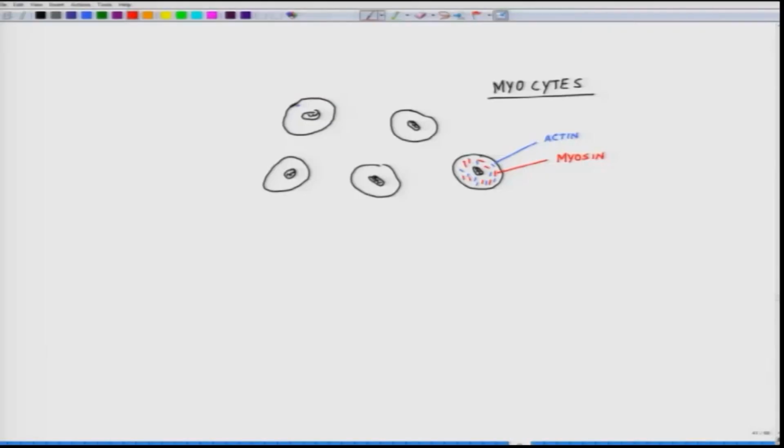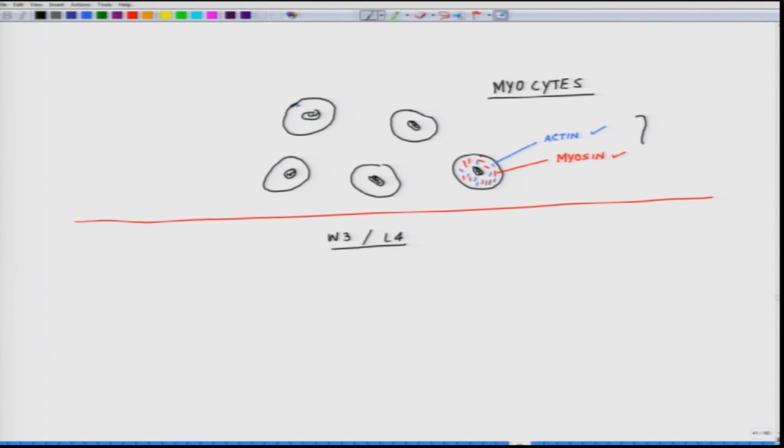First, let us put it together. This is where we ended the last class. If you remember, I told you, you have these actins and the myosins which are present there. So, today we are starting week 3 lecture 4. Let us pick up the story from where we left in the last class.